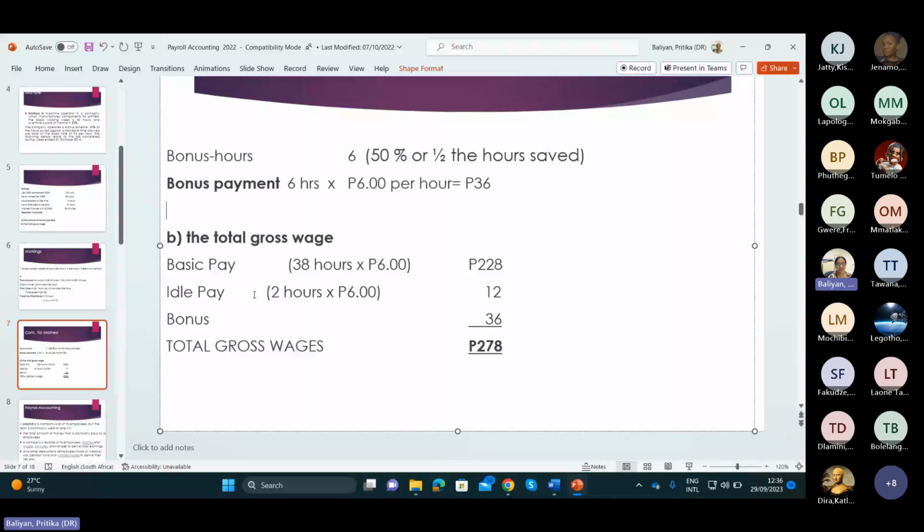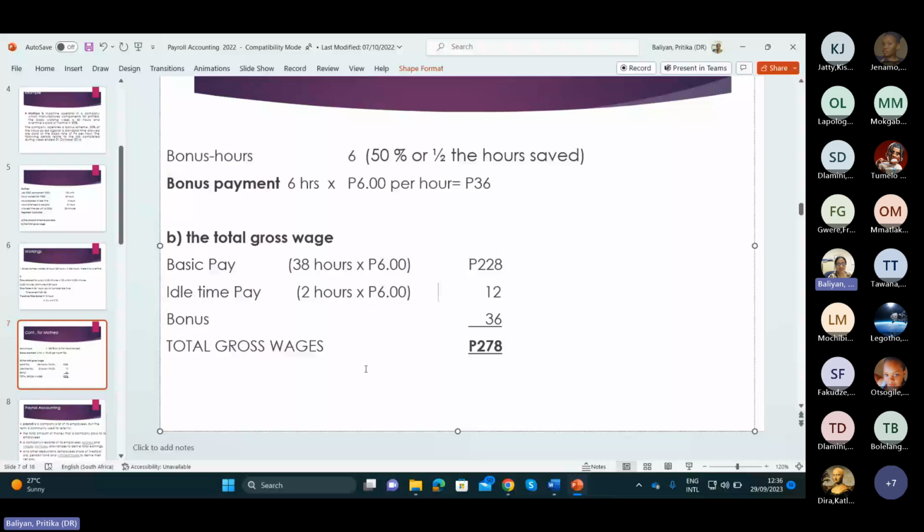So the idle time payment for 2 hours, which is also at the normal rate, is 2 times 6, which is 12 pula, and the bonus pay is 36. So when you add the basic pay plus idle time pay and the bonus pay, for that week his total gross wages will be 278. So that's how we calculate the total gross pay.